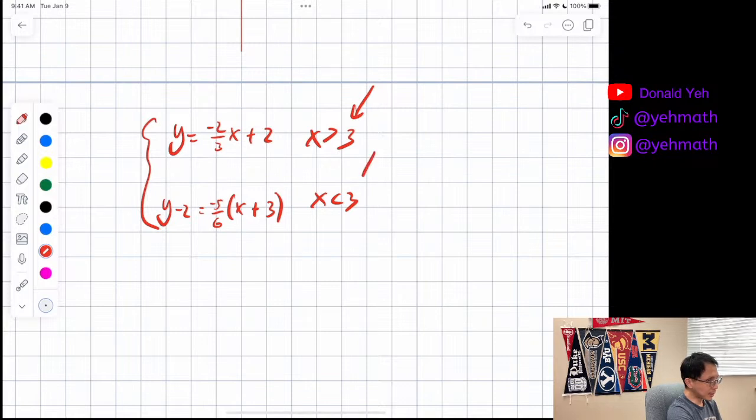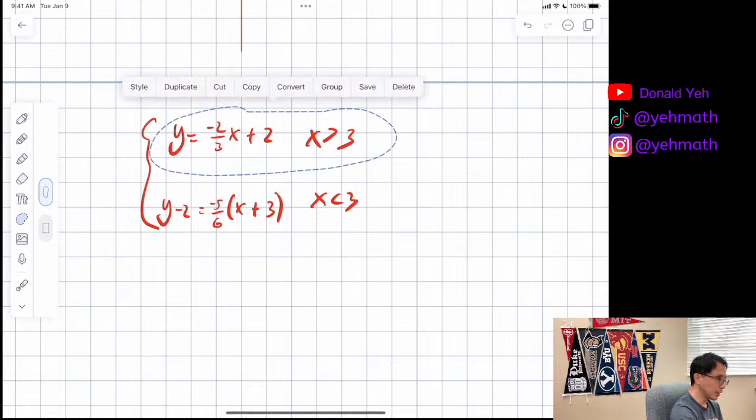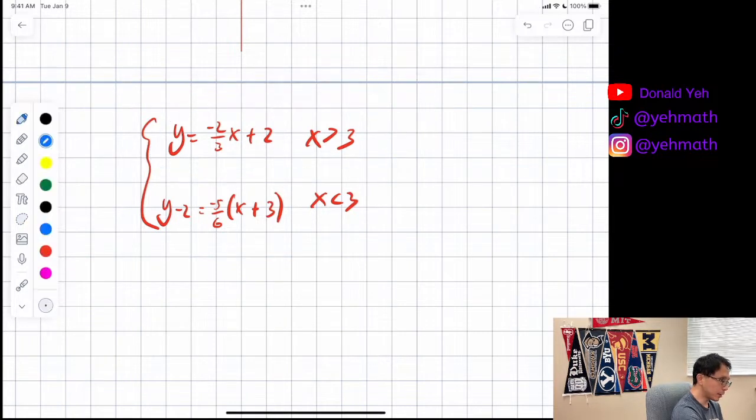This one's x less than 3, this one's x greater than 3. So this is something called domain restriction. Now, you never learned this before because this is in Algebra 2, and most teachers avoid it because they are afraid of it. But you're not going to be. So what I'm going to do is color code this, and I'm going to see if you can figure out what's going on.